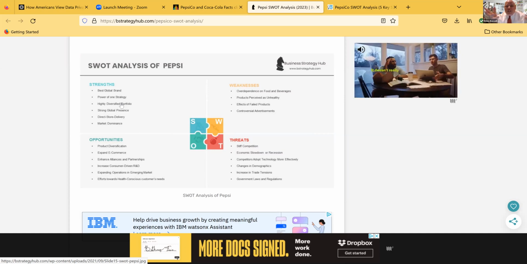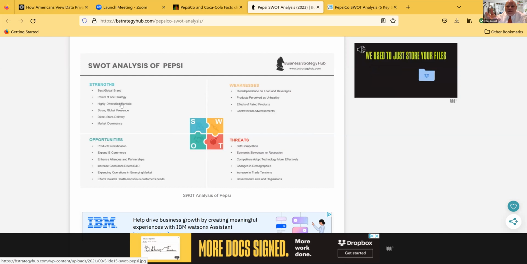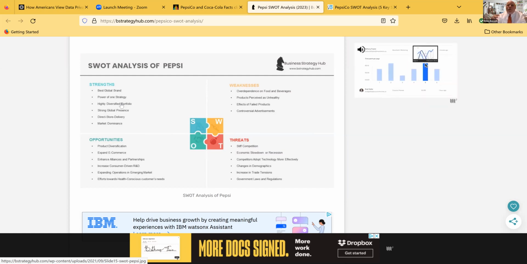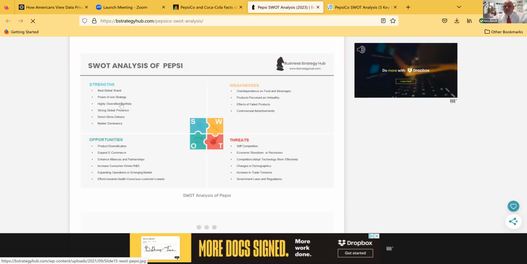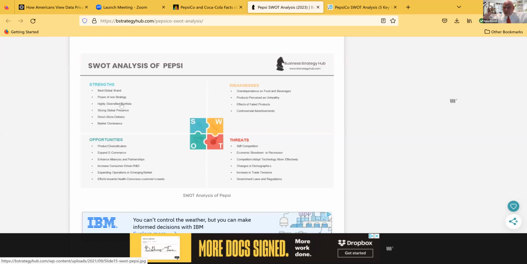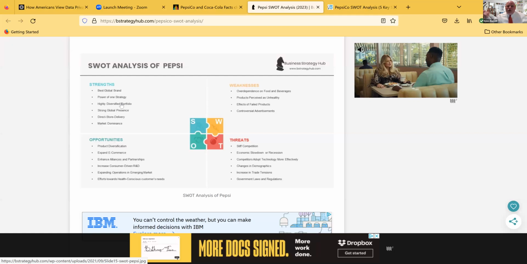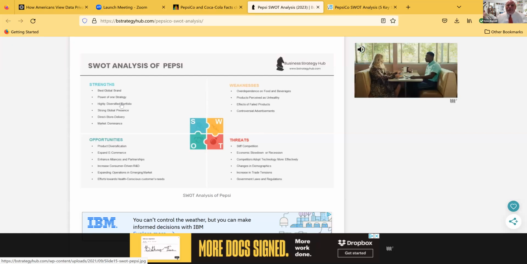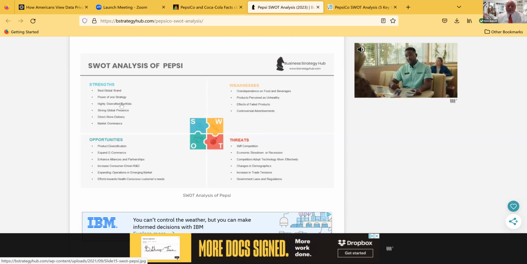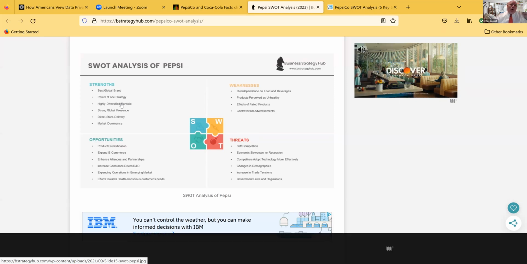But when you're giving the presentation, here it says the strengths are the best global brand. Well, what are the proof points? What are the pillars of support? You can't just say it's the best global brand, or it has a high level of brand awareness. What supports that?